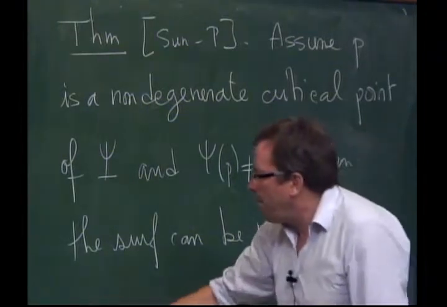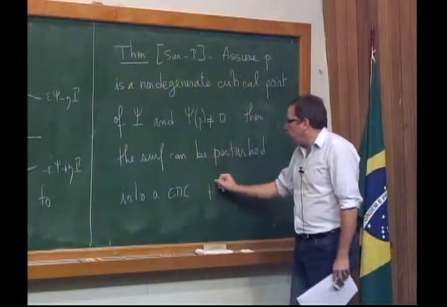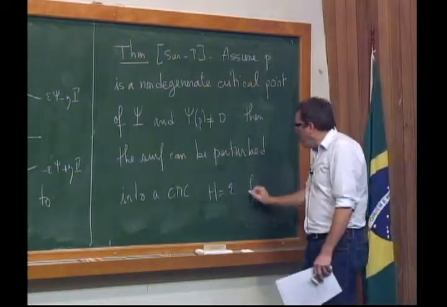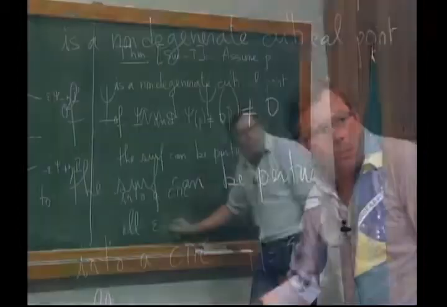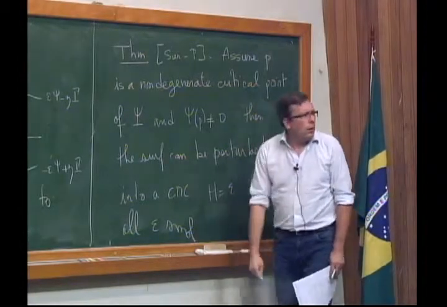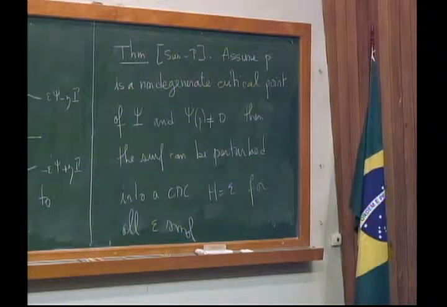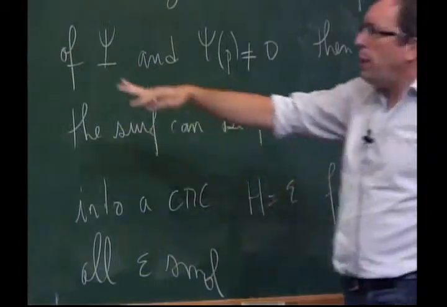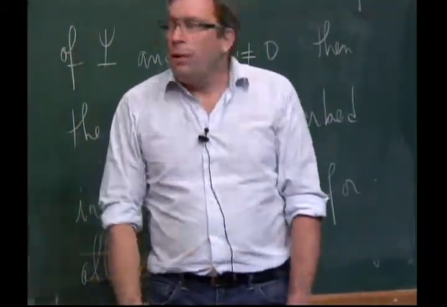The surface can be perturbed into a constant mean curvature surface whose mean curvature is epsilon, and this is true for all epsilon small. So it doesn't matter whether it's a maximum of psi. Then the problem is that what you obtain might not be embedded, because on my drawing psi does not change sign, but psi might change sign.